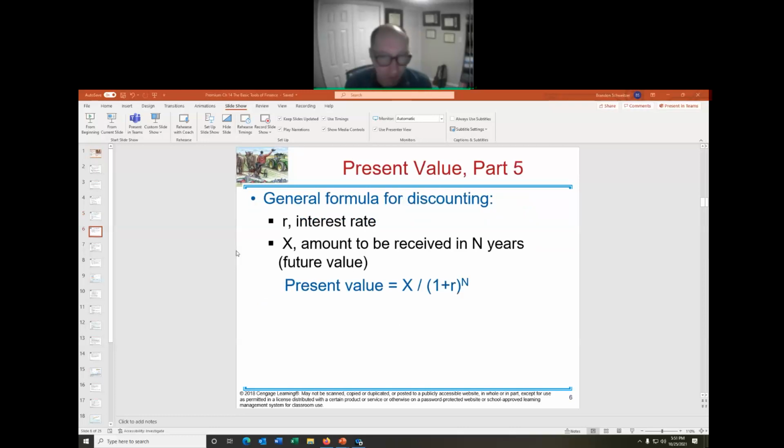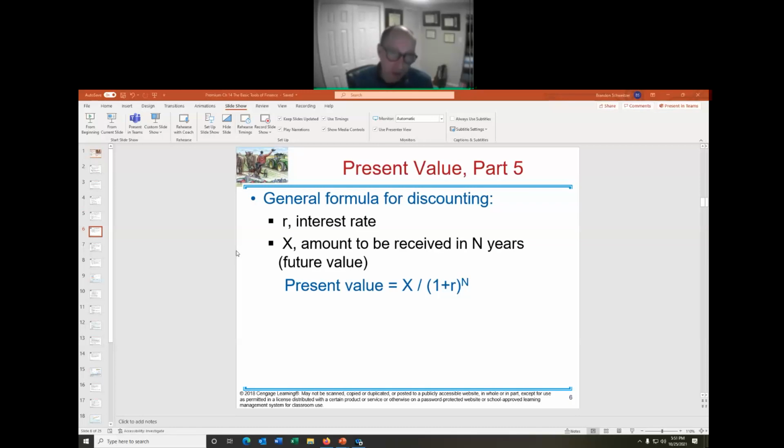So how do we discount? What is the general formula for the present value? R represents the interest rate. X is the amount that we want to have received in the number of years in the future. So the formula is X, which is the future value, divided by 1 plus the interest rate to the power of the number of years.